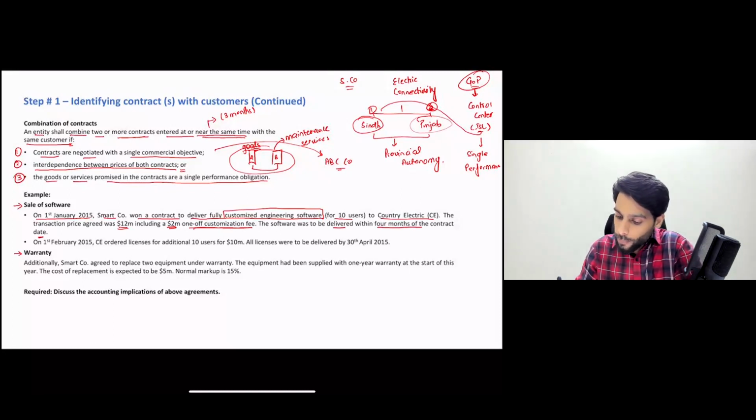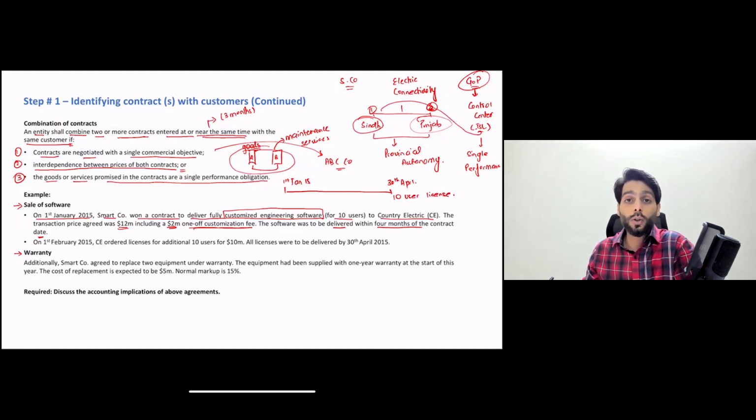On 1st January the contract was signed, and delivery had to be made within 4 months, which makes it approximately 30th April. The contract entailed that we had to deliver 10 user licenses, and a one-off $2 million customization fee was also charged.